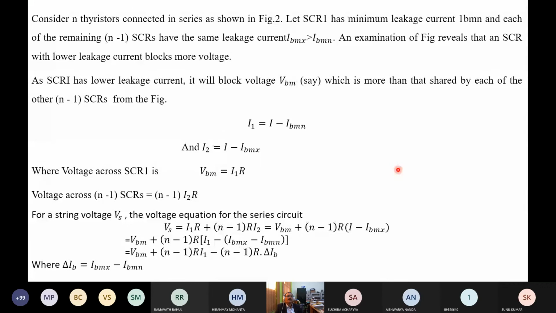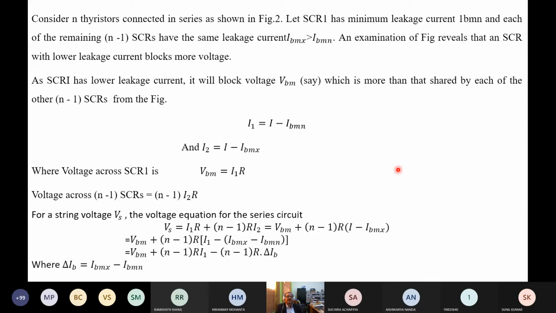Consider n thyristors connected in series. We don't know the actual case, but we will calculate the resistance for the worst case. One SCR has minimum leakage current, which means it will block maximum voltage, and the rest of the n-1 SCRs have the same, maximum leakage current. IB max is the maximum leakage current and IB min is the minimum leakage current.